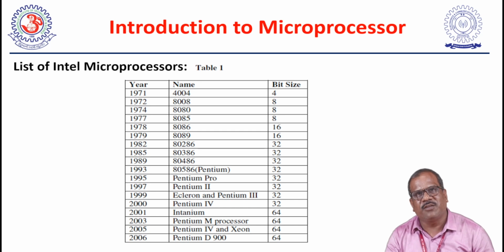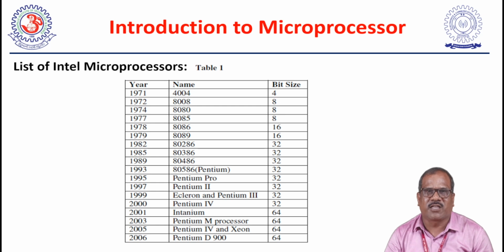You can classify these by bit size. What is the function of bit size? It means the number of bits the processor can accept and process in an ALU operation at a time. For example, a 4-bit microprocessor can perform an ALU operation on 4-bit data at a time, an 8-bit microprocessor on 8-bit data, and a 16-bit processor on 16-bit data.